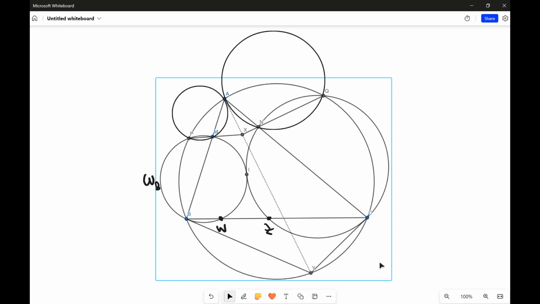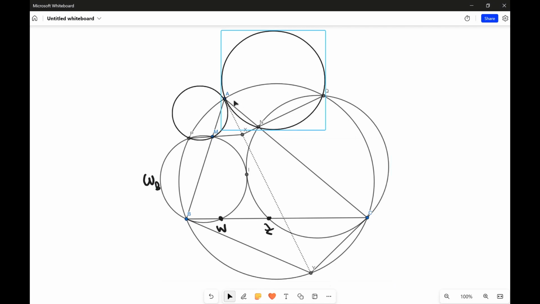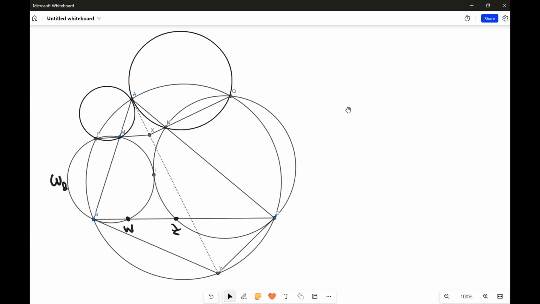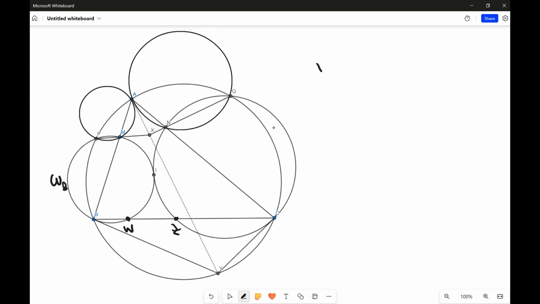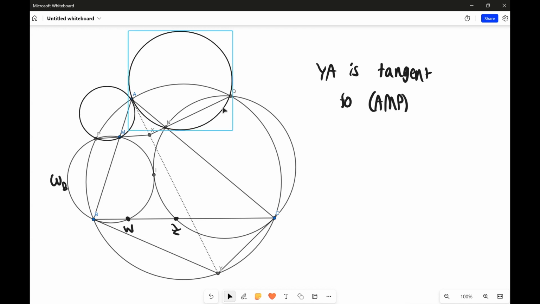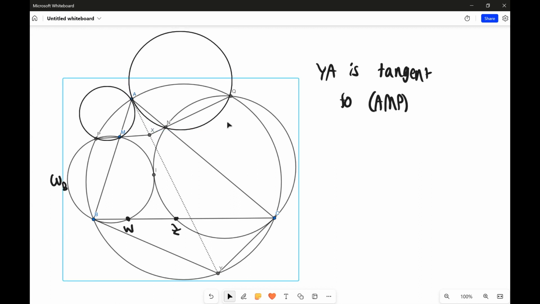And now we definitely suspect that these two circles are actually tangent to each other. And we can kill two birds with one stone here by showing that YA is tangent to AMP. And by symmetry, it'd be tangent to QNA as well.